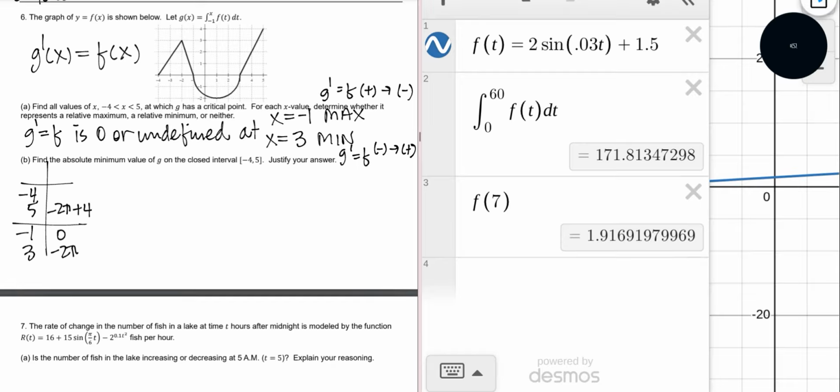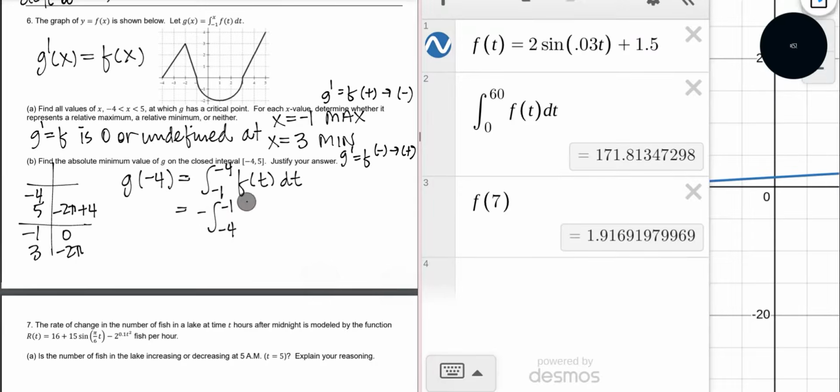But then I need to also look at g of -4. Okay, this is kind of backwards, so I'm going to just say this is the integral from -4 to -1, but made negative. Negative of 1, 2, 3 is my height, 1, 2, 3 is my width, negative of, wait, no, that was just going to be positive 4.5.